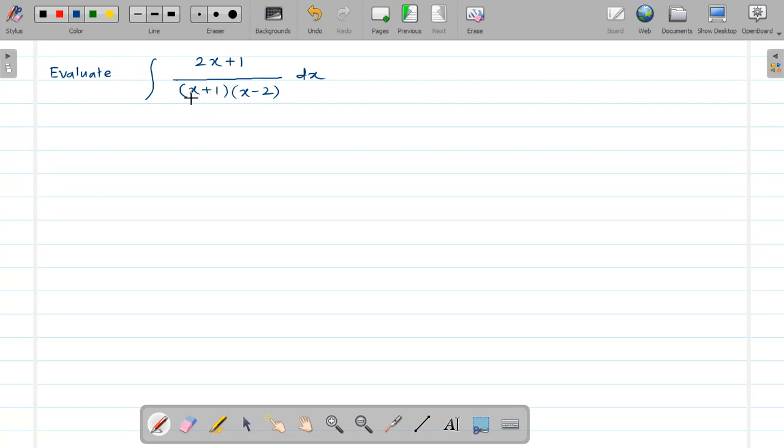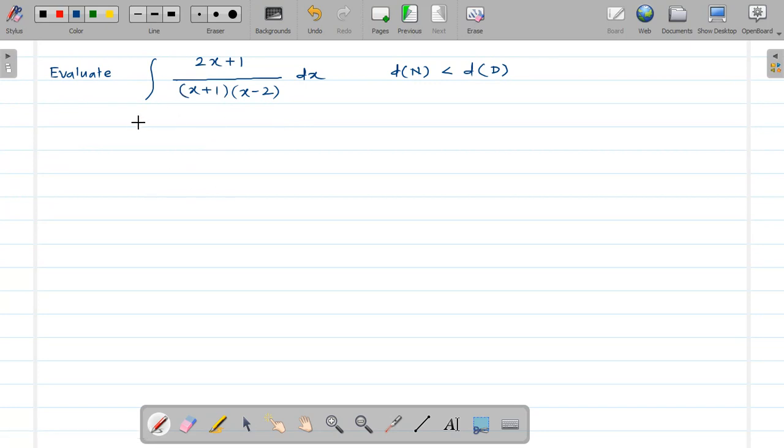If you multiply x plus 1 into x minus 2, then you will get the quadratic equation. So here the degree of numerator is less than the degree of denominator. So this is the proper rational function.